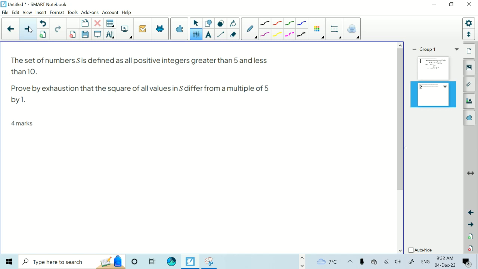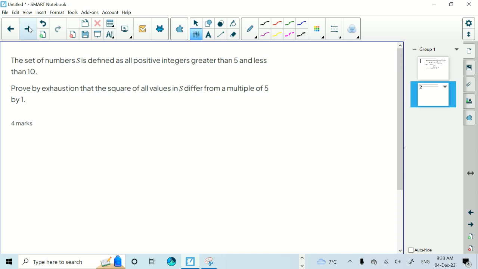The set of numbers S is defined as all positive integers greater than 5 and less than 10. Prove by exhaustion that the square of all values in S differ from a multiple of 5 by 1.